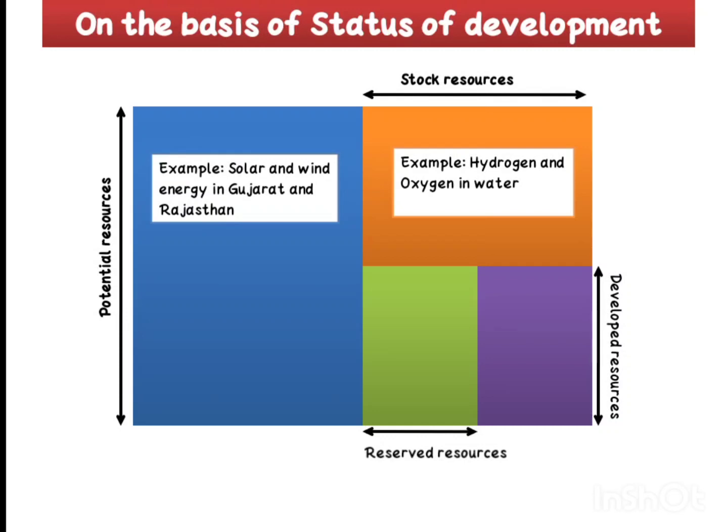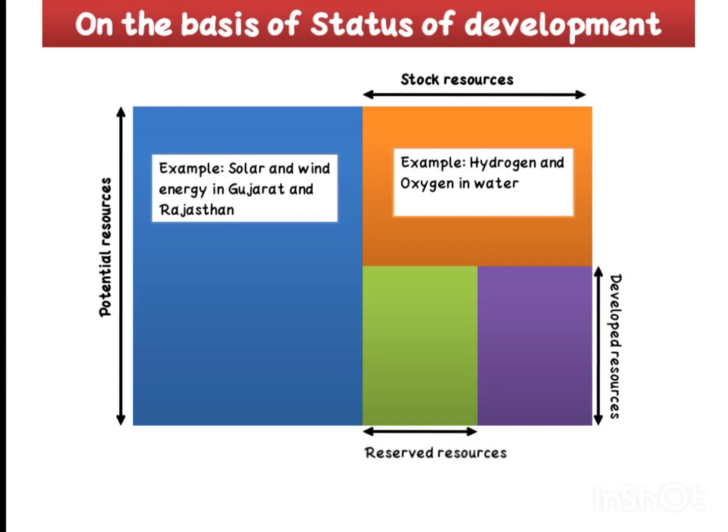So this oxygen and hydrogen are present in water in combined form. You know that the molecular formula of water is H2O. That means water contains two atoms of hydrogen and one atom of oxygen, and they are present in combined form. Water is present on earth's surface by 70%.